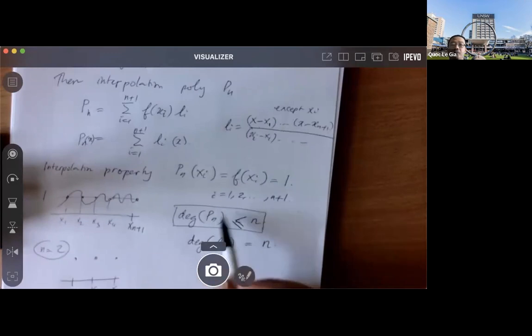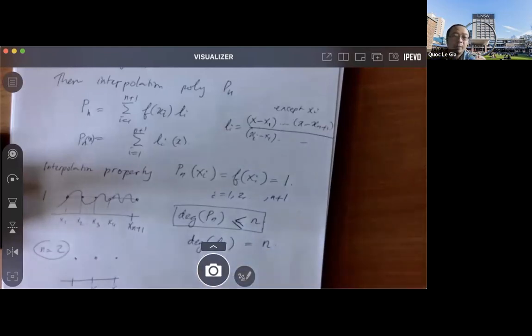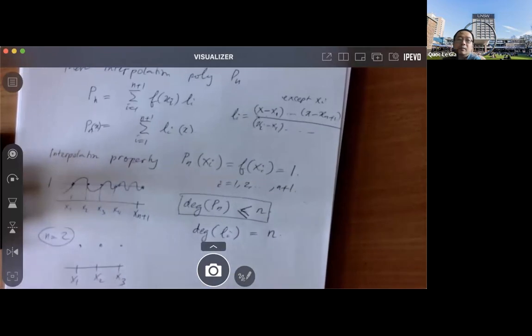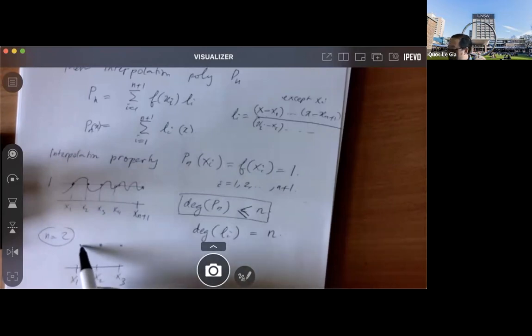But when you sum it up, then the degree could be less than or equal to n, because when you sum it up, some cancellation can happen. Okay. So now that is what we want to prove, right? We want to prove that, supposing 3 points, you cannot have this behavior.